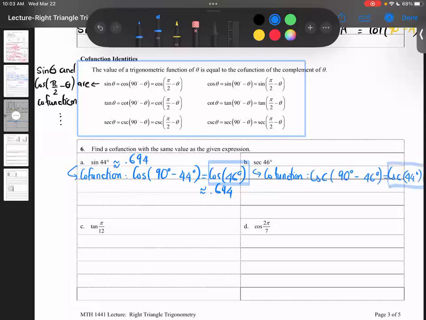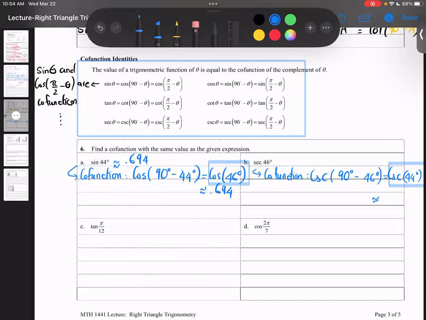Now, if you want to check your answer, just plug into your calculator and see if you have the same value. Let's do cosecant first. Do you have a cosecant function in your calculator? You don't, right? Well, there's a way around. You can write it as the reciprocal of what function?